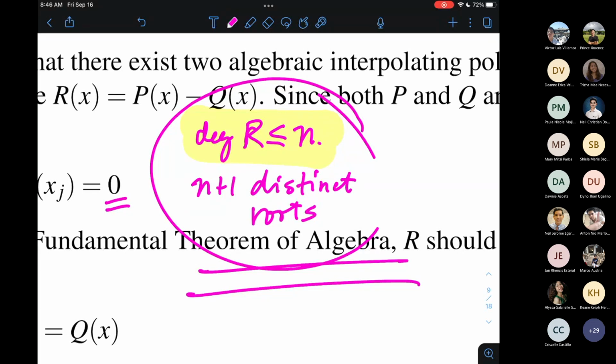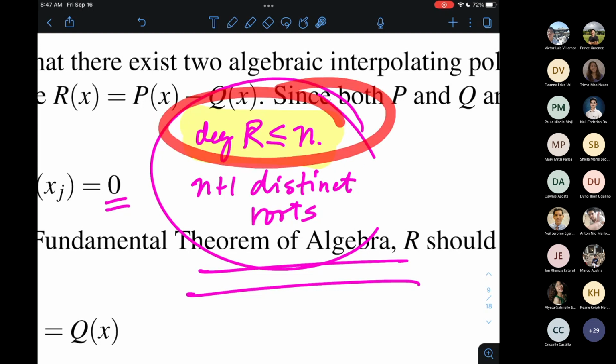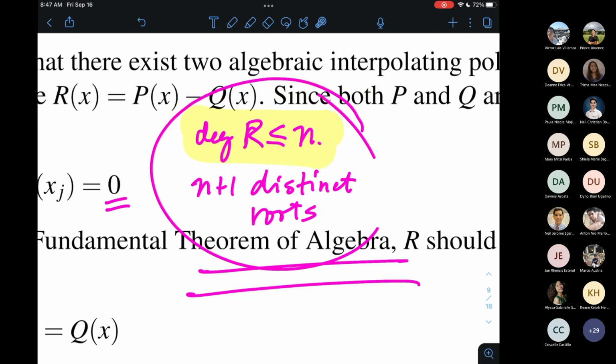If you have a polynomial of degree n, meron siyang at most n roots or at most n distinct roots, just to be safe about it. A degree n polynomial will have at most n distinct roots. Pero what do we have here? We have a polynomial R of degree at most n, pero meron siyang n plus 1 distinct roots.